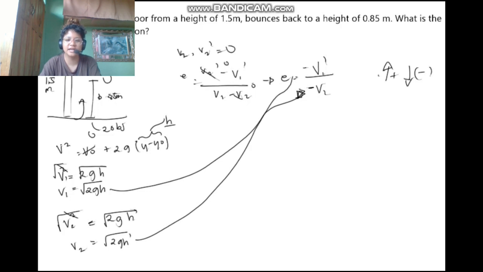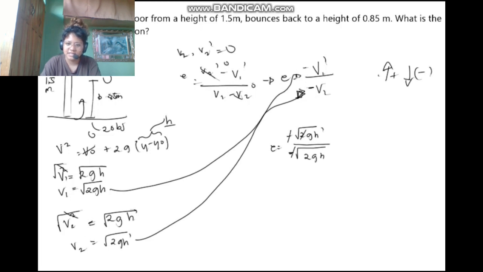And that is what we will place here. So if we're going to the right, we will have negative square root of 2gh prime over square root of 2gh. But since it is negative and downward, this will be negative as well.